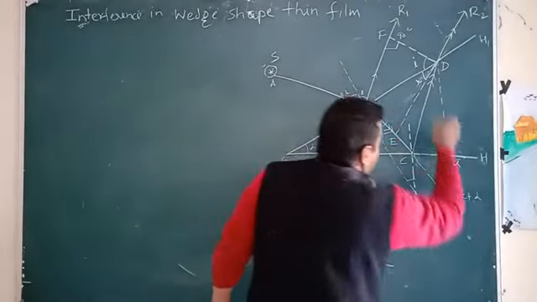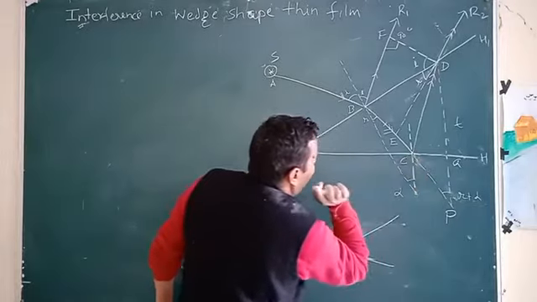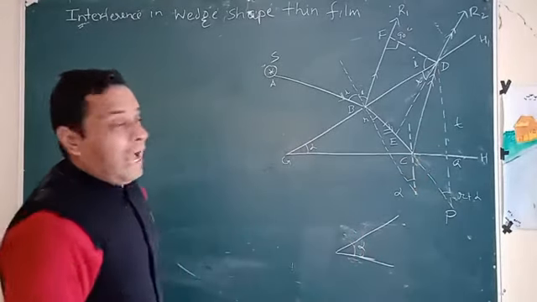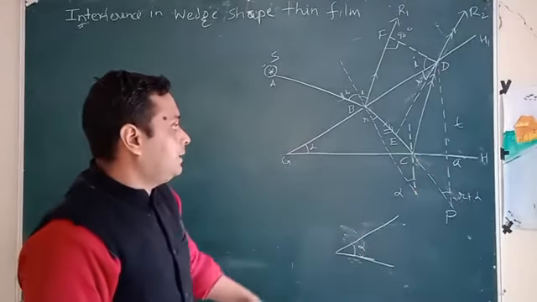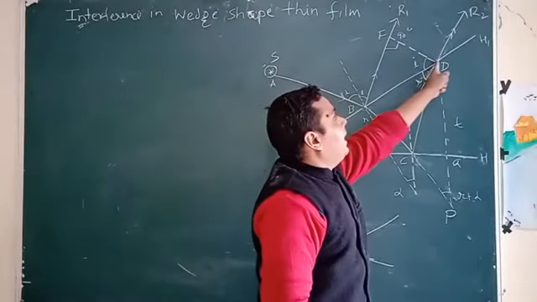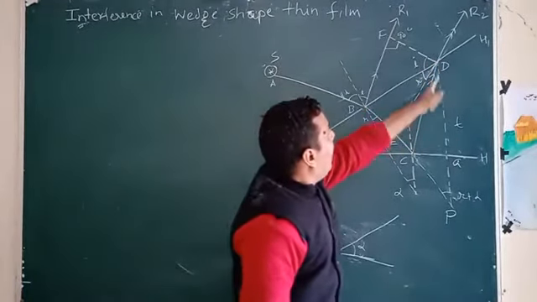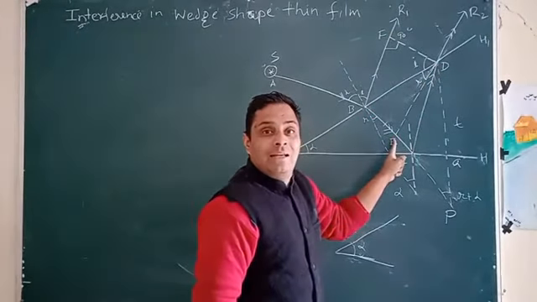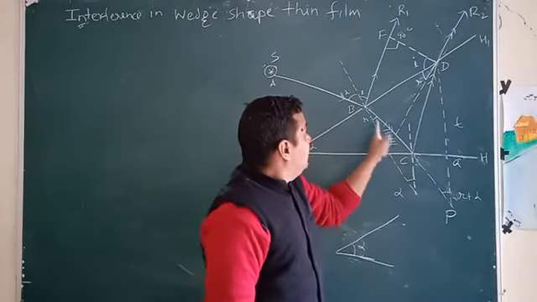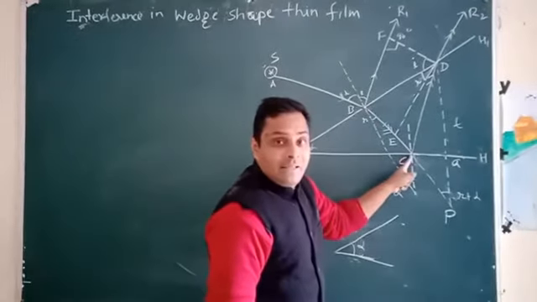Now we are going to calculate the path difference. We take a perpendicular DF upon ray BR1 and DE upon BC.